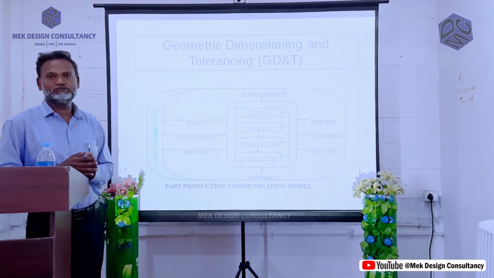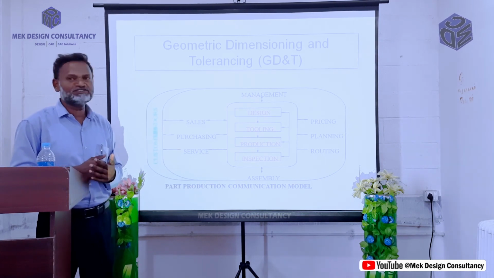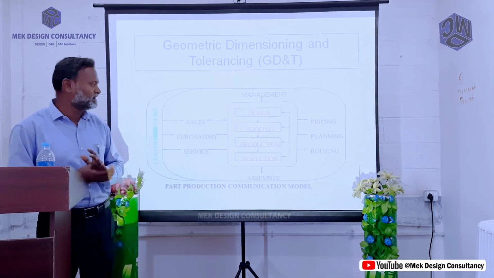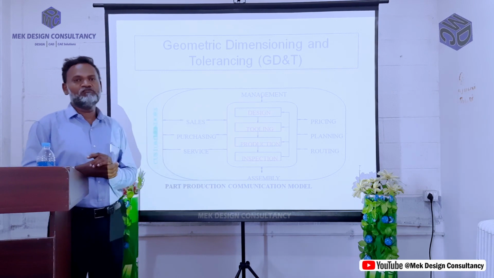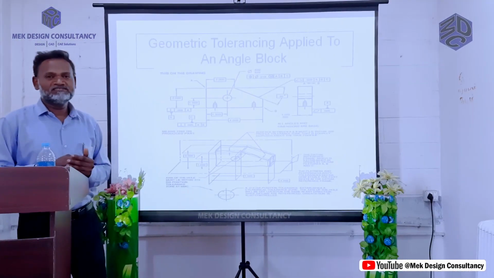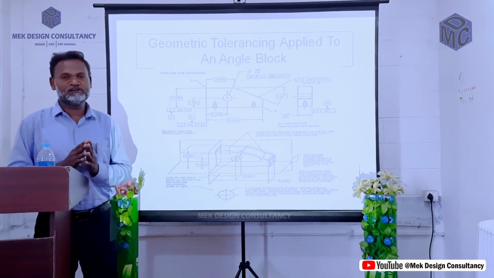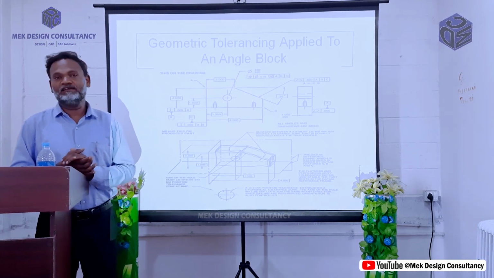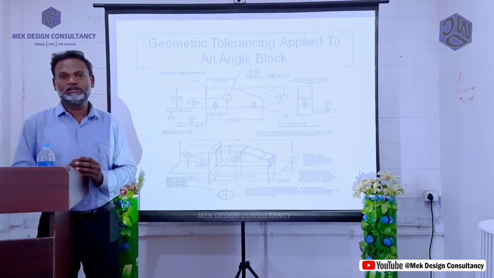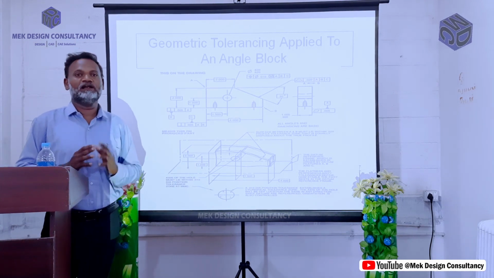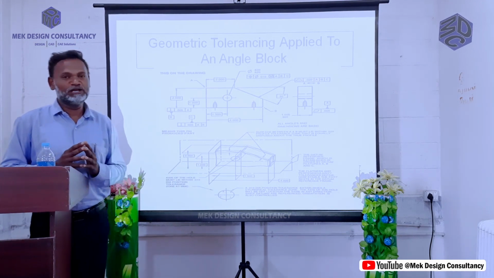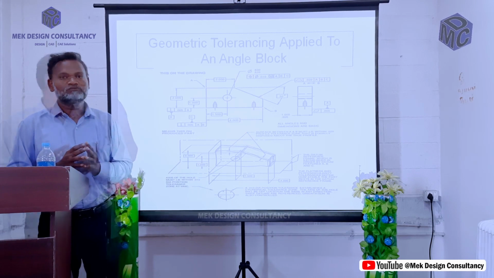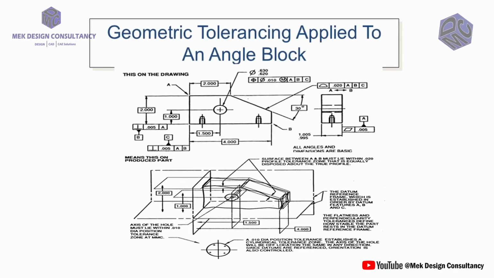Generally, the design department should know design, tooling, production and inspection. Once this is completed, the product goes for assembly. Some set of symbols is required to specify GD&T concepts, like circularity, runout, total runout, angularity and perpendicularity.